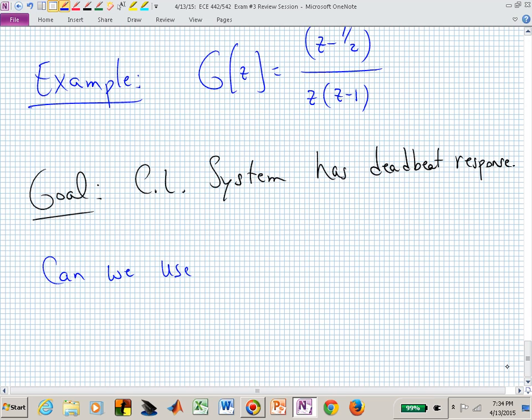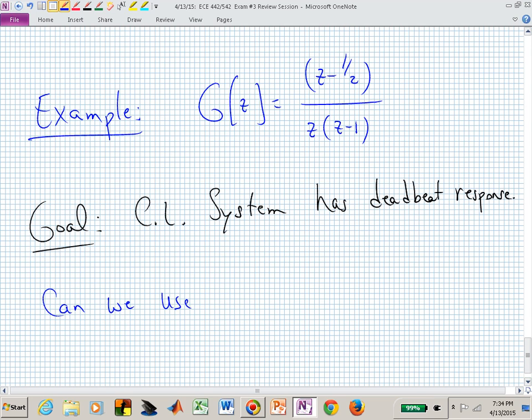What might you try if you just woke up and you go, gosh, what might you try just in a stupor? We want a deadbeat response, so where do we want our poles?